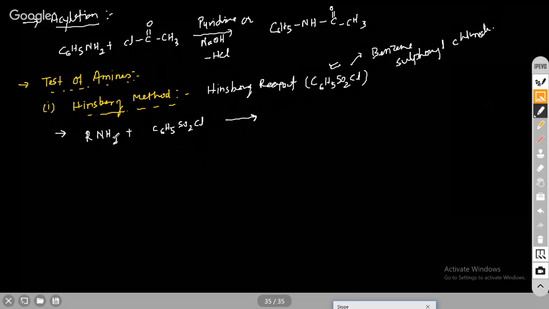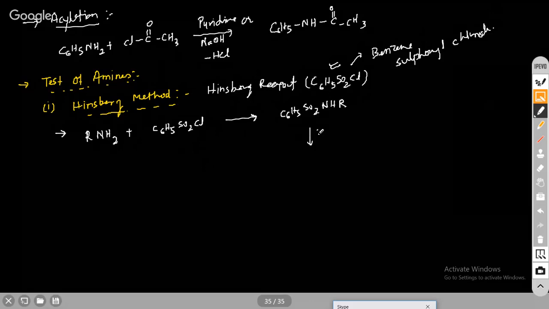HCl goes out, this H and Cl. This HCl goes out and it forms C6H5SO2NHR. This we call N-alkyl benzene sulfonamide.